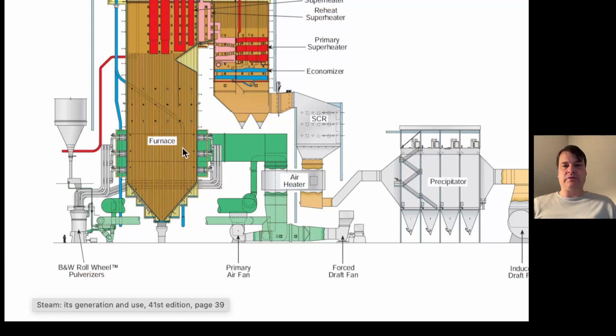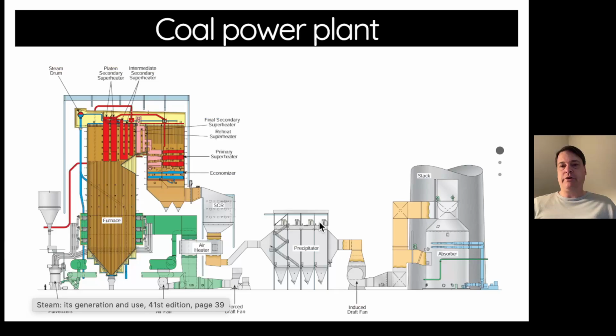And there's little details involved in that, like making sure there isn't leakage in that unit, which can affect efficiency of the unit. There's fans to blow the air around. You have a primary air fan. You have a forced draft fan. The gases run through a precipitator here, which will either be an electrostatic precipitator or probably more commonly a baghouse to collect particulate.